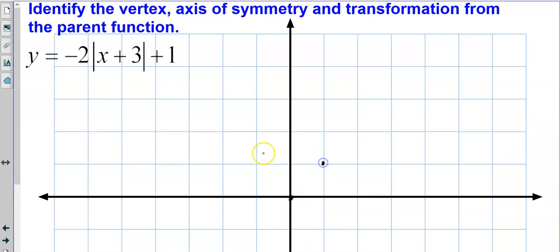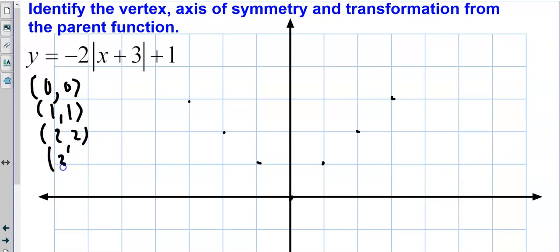So you don't have to graph the points every time, but it's not a bad idea, especially when you're first starting out. And so (0, 0), (1, 1), (2, 2), (3, 3), (-1, 1), (-2, 2), and (-3, 3).